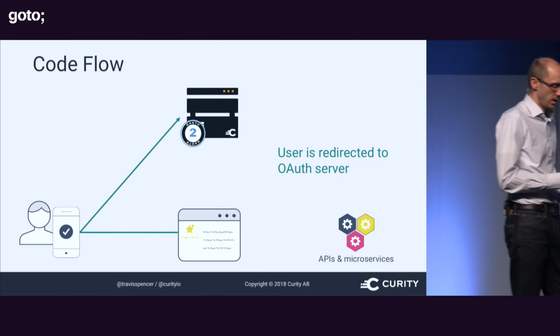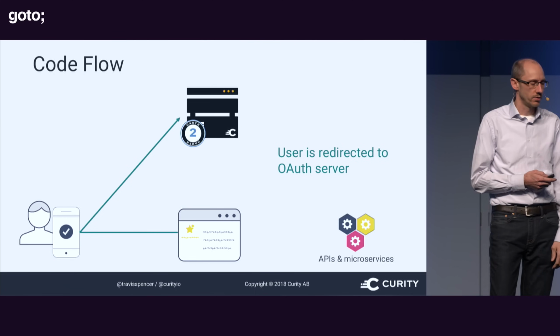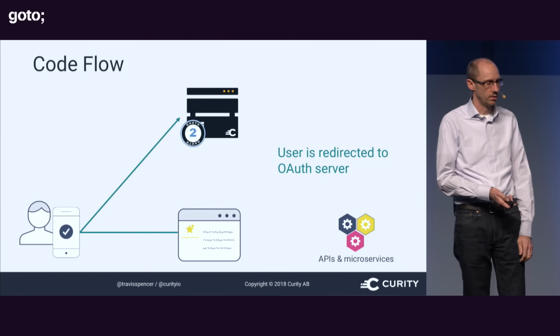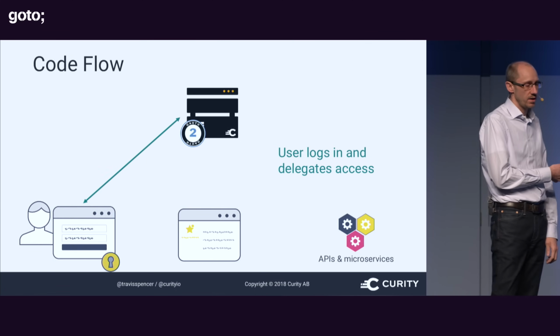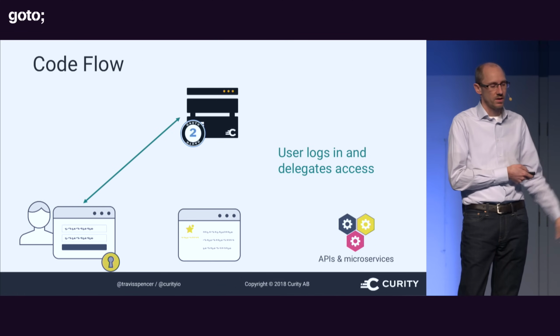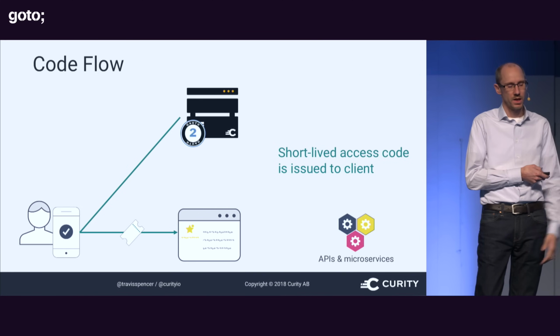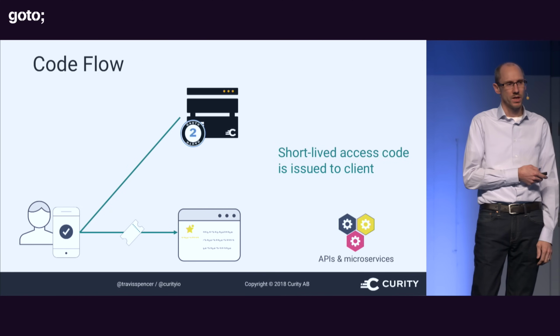So the user will be redirected from the application to the OAuth server. The OAuth server will authenticate the user, like I said in that previous slide, and then after that, the consent could take place, and then what comes back to the application is a short-lived authorization code.